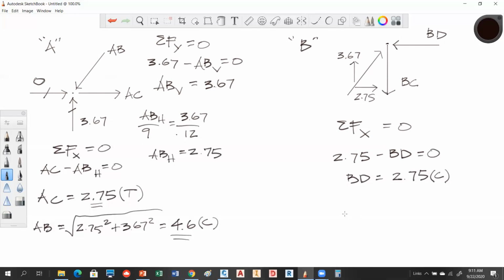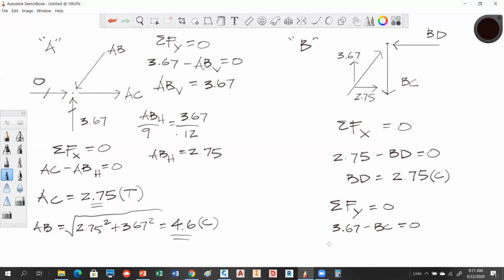Sum of forces in Y have to equal 0. So in Y we have 3.67 minus BC has to equal 0. That's also solvable.